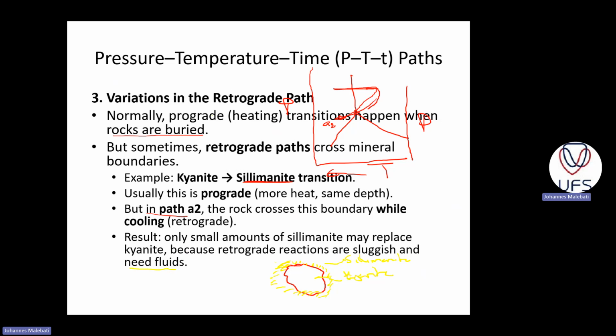Remember, most of the fluid was lost during prograde metamorphism. So during retrograde, we don't have sufficient fluids that would allow the reaction to take place, which is why the reaction is not that intense during retrograde. I hope it makes sense.